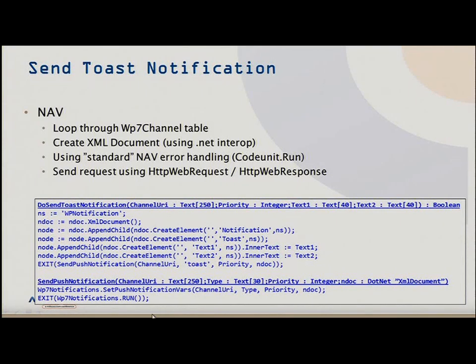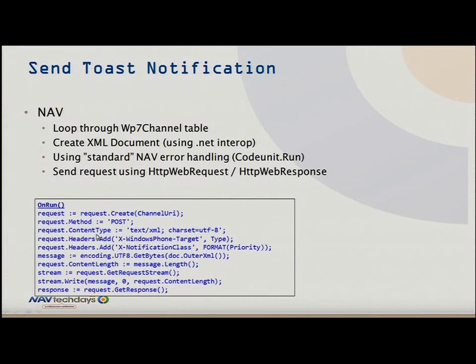And then you send the push notification, by setting the variables in that codeunit and calling run on the codeunit, which then enables you to use the web request here and send the message directly over to the phone. So by doing this, I haven't created one single DLL yet in C#. I can actually do everything here in NAV.